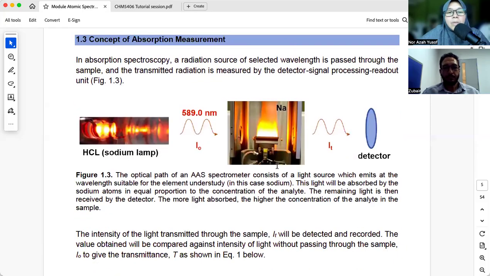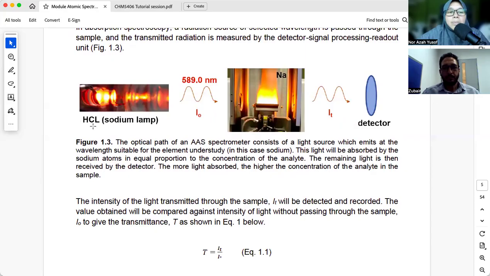But just to give you the idea, for example, this is the dedicated hollow cathode lamp for sodium. It can be used to analyze sodium in the sample, and you can see it only gives out a specific wavelength. Only sodium atoms will absorb this, and the transmitted light, I will explain what transmittance is after this, will be detected by the detector.